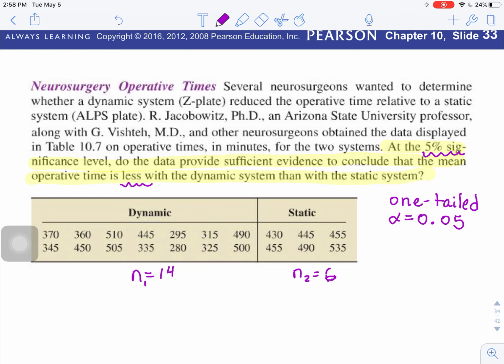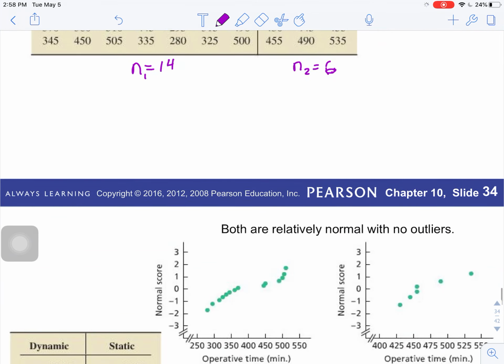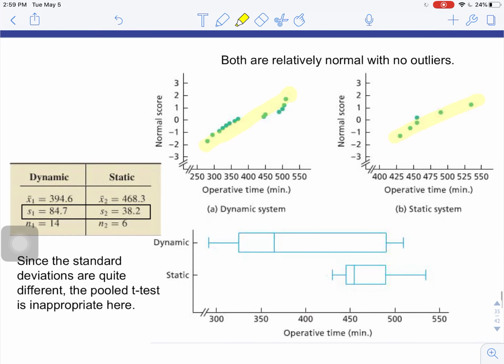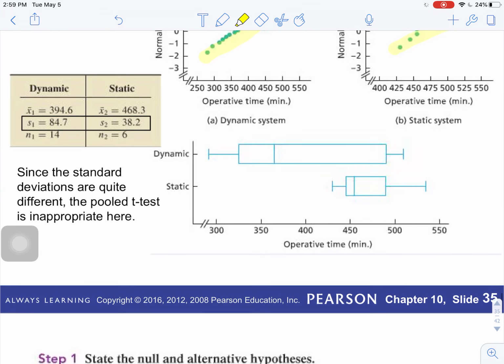Since they're not large samples, we have to do the normal probability plot to see whether these are actually relatively normal in distribution. So here, it's roughly normal. Here again, roughly normal. So we're going to go ahead and do this. There are no outliers.